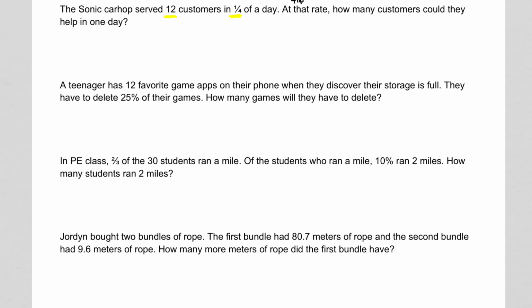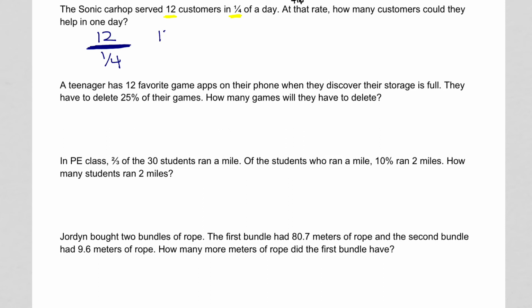Well, if they've got 12 customers per quarter of a day, remember per can be divided by or over. That looks funky because there's a fraction bar and then another fraction bar. But if you remember our lesson on dividing fractions, dividing fractions can be rewritten as multiplying by the reciprocal.